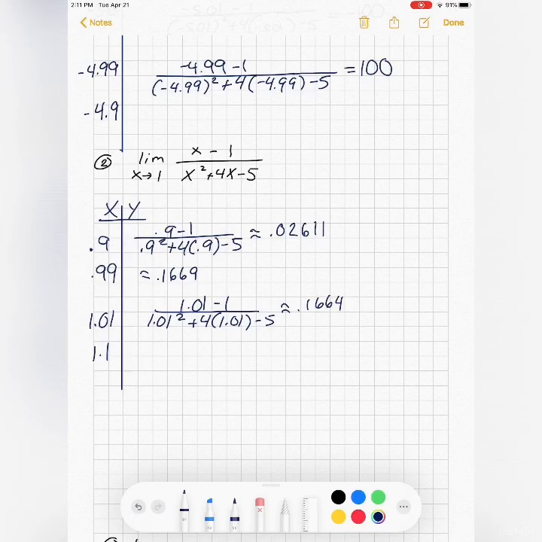Try this last one. 1.1 minus 1. This one I get about 0.164.